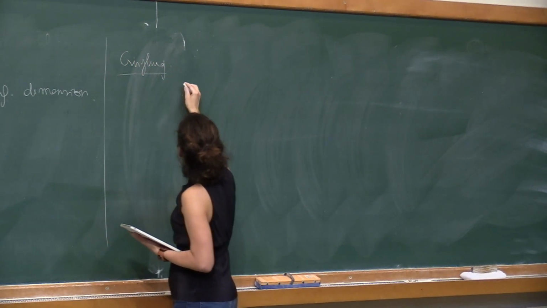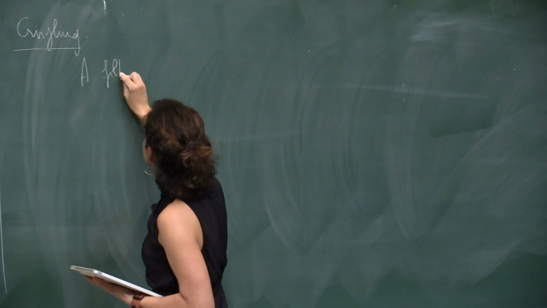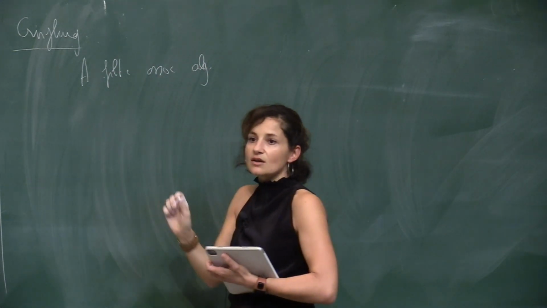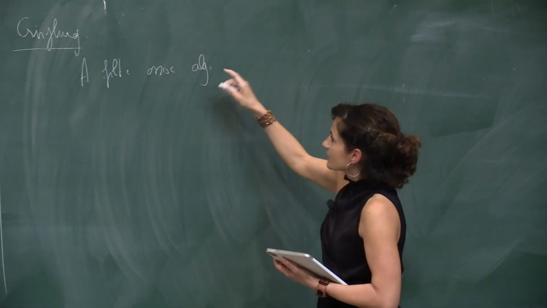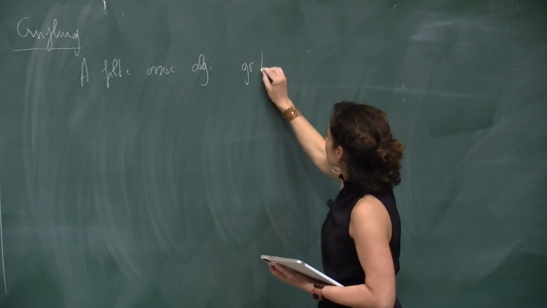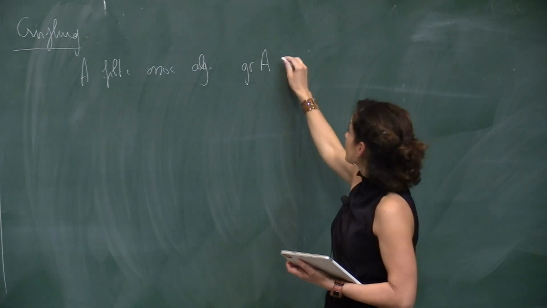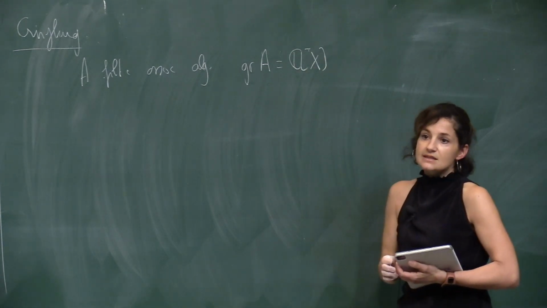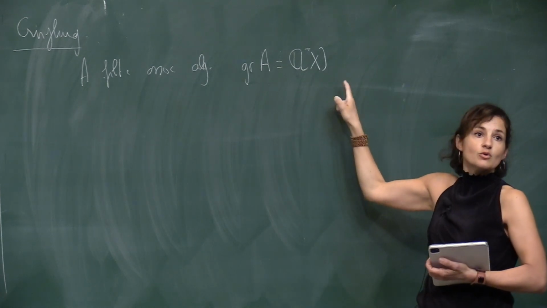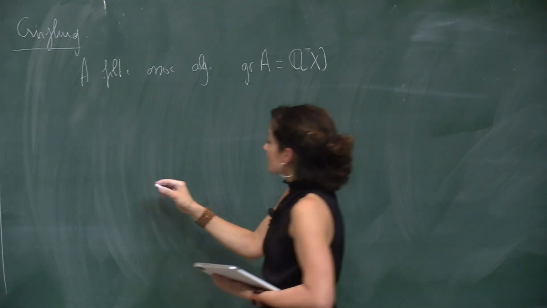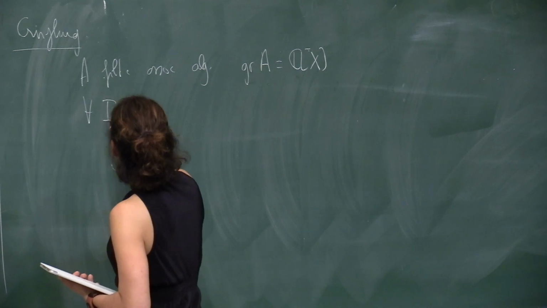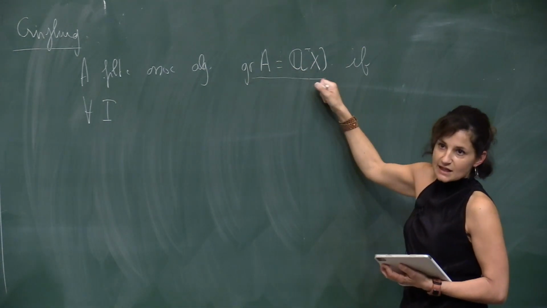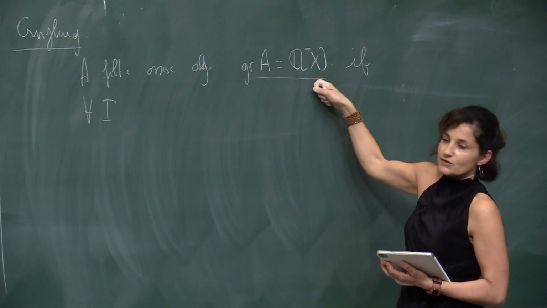says the following: if you have a filtered associative algebra, typically an enveloping algebra, such that the corresponding graded algebra gr A is commutative, and more precisely is the coordinate ring of some reduced scheme, then X is naturally a Poisson variety.